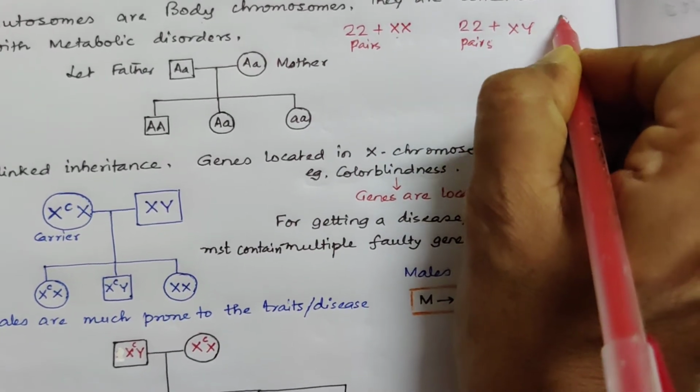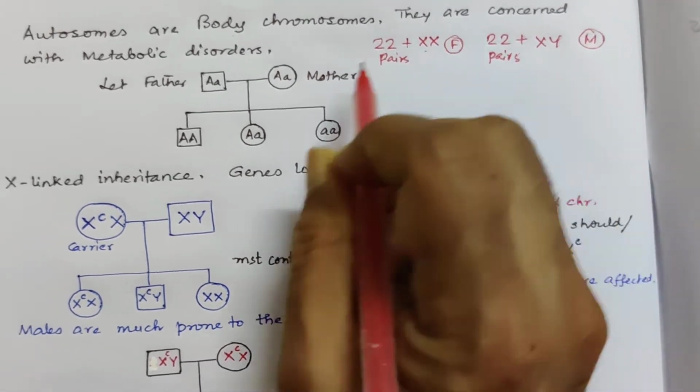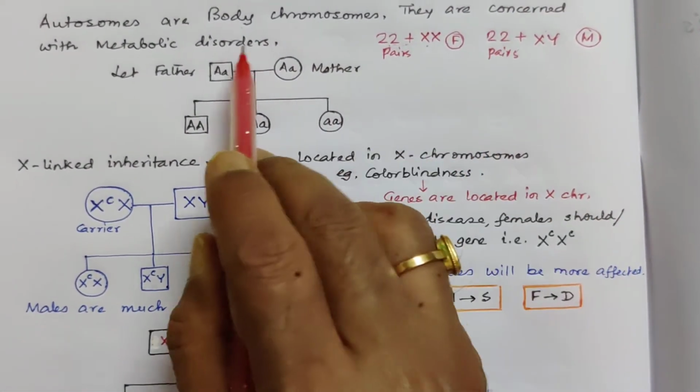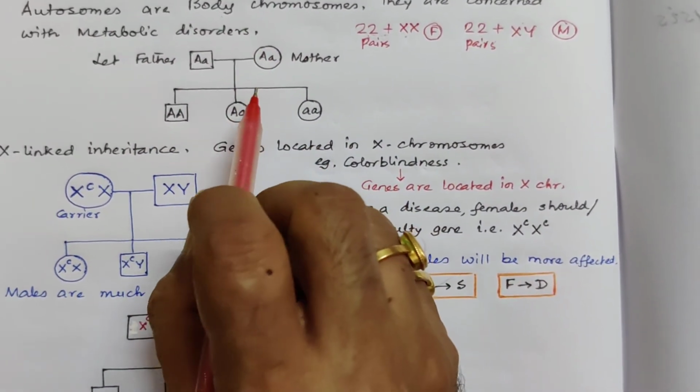This is a male, this is a female. Now these 22 pairs are autosomes, which are responsible for all kinds of metabolic disorders.